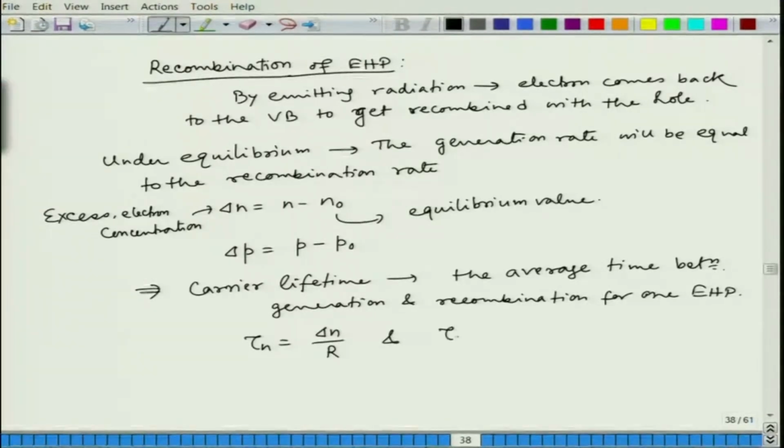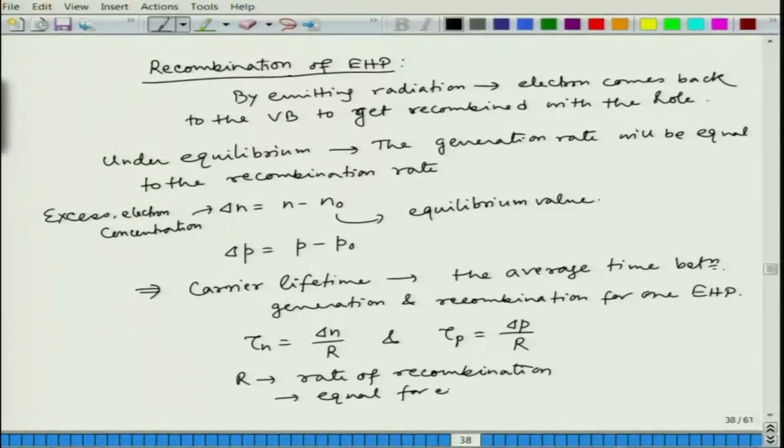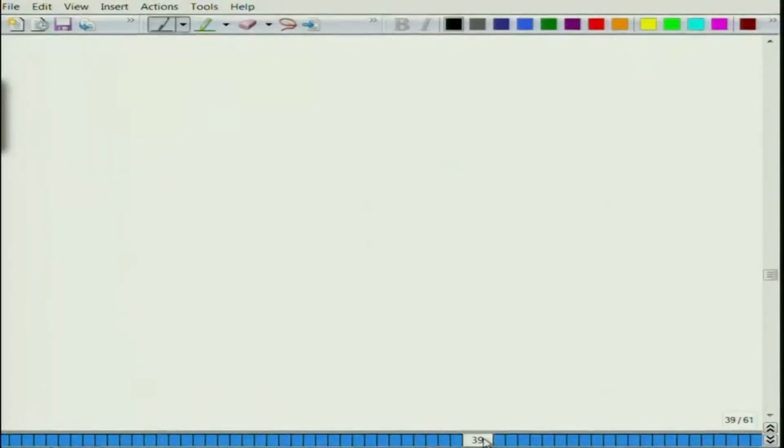And similarly, tau p is delta p by r, and r is the rate of recombination, and it has to be equal for electrons and holes, right. Now, we are in a position to write the continuity equation or the mass balance of the carriers, electrons and holes.